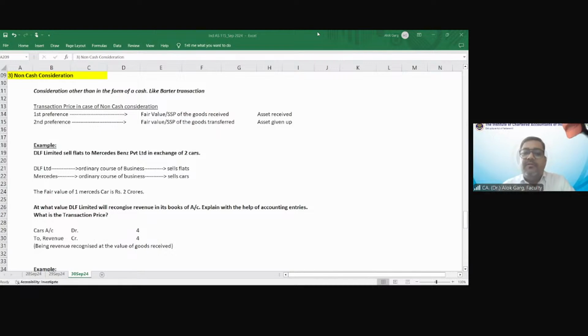Now tell me, when Paytm is giving you cashback, is Paytm getting any goods and services from you? Is there any goods and services for which you are transferring control to Paytm? आपने अपने मोबाइल का बिल पे किया 500 रुपीज पेटीएम से, you got a cashback of 2 rupees. आपने क्या पेटीएम को कुछ बेचा है?